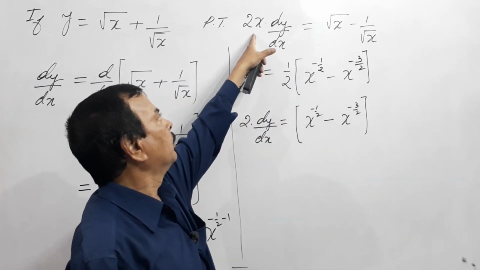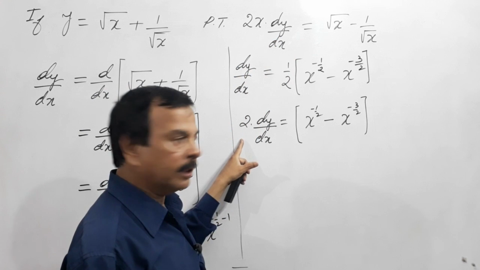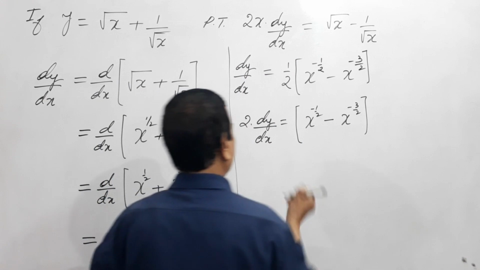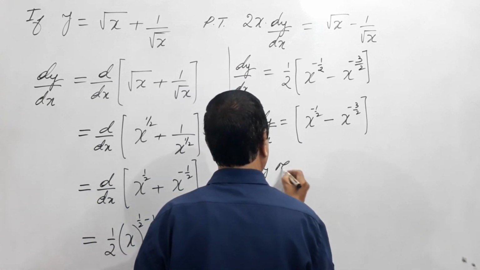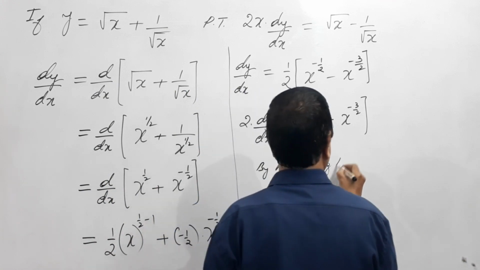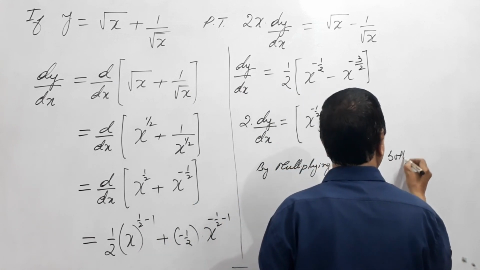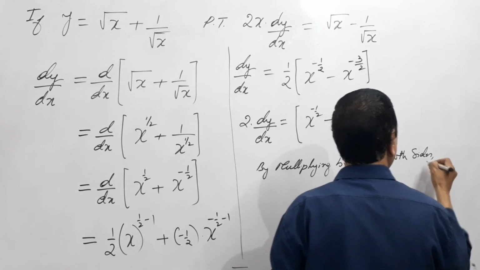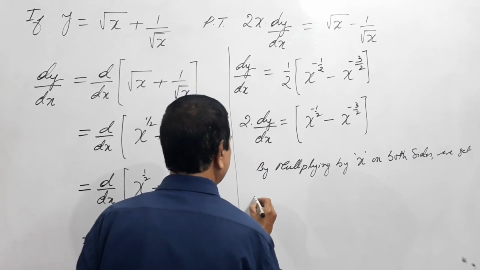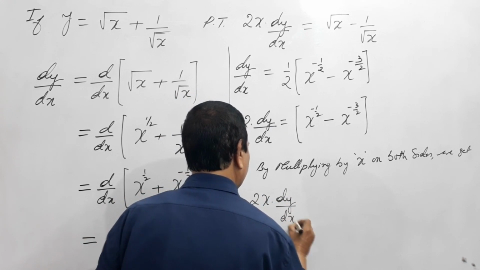So he wants 2 into x into dy by dx. I have to multiply by x. If I multiply x on this side, I should multiply there also, otherwise you can't. So multiplying by x on both sides, we get, on the left hand side, 2 into x dy by dx.